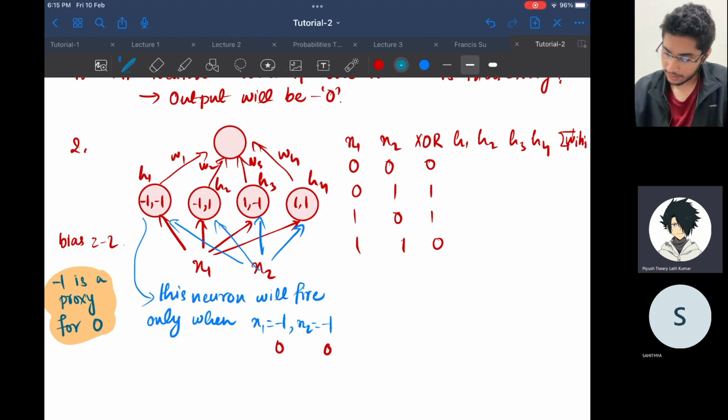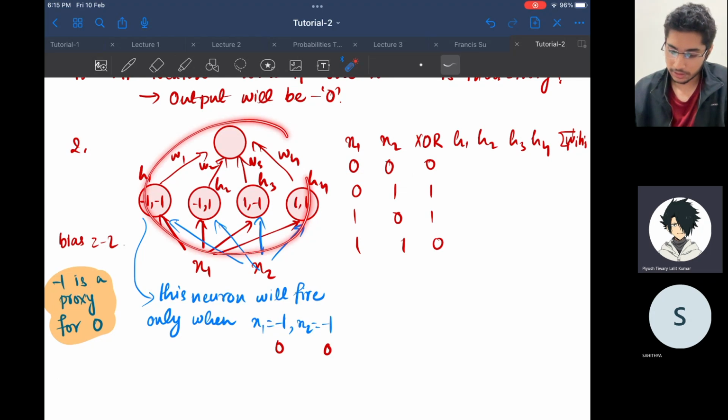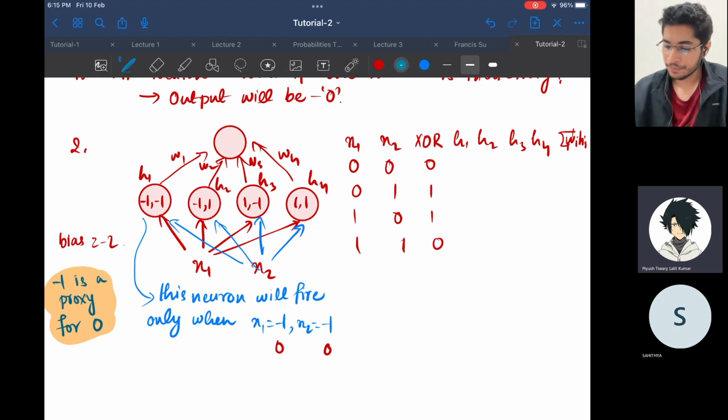Here x1, x2 are 0, 0, which means they are -1, -1 in the neural network convention. When the inputs are -1, -1, which neuron should get activated? You can see that h1 will get activated, and the rest won't fire, so they will be inactive. So the output of h1 will be 1, other outputs will be 0.